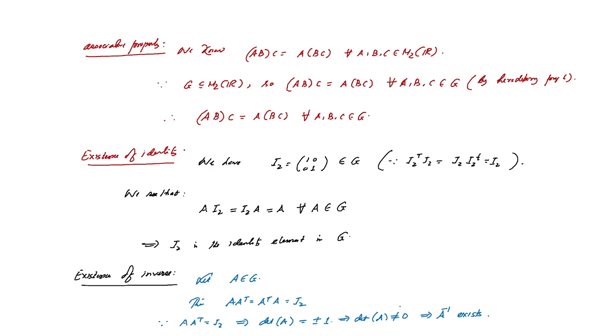We have to check whether A inverse is orthogonal or not. So A belongs to G implies A inverse exists. Now we'll check (A inverse) transpose times A inverse. We can write (A transpose) inverse times A inverse, since (A inverse) transpose is (A transpose) inverse, by the property of the transpose.